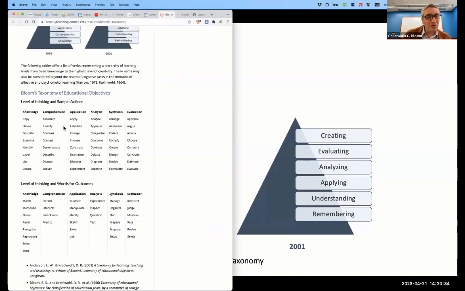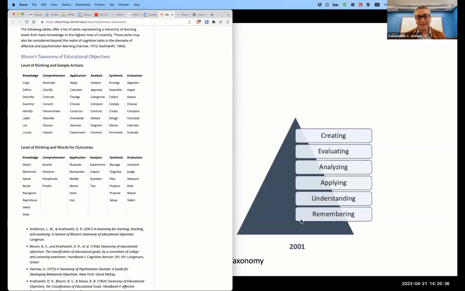So for example, if we want to create questions that evoke remembering or understanding or applying, analyzing, evaluating, and creating, we can use these kinds of words in here, which are Bloom's taxonomy's keywords, to then come up with questions that address a certain point of what we want.